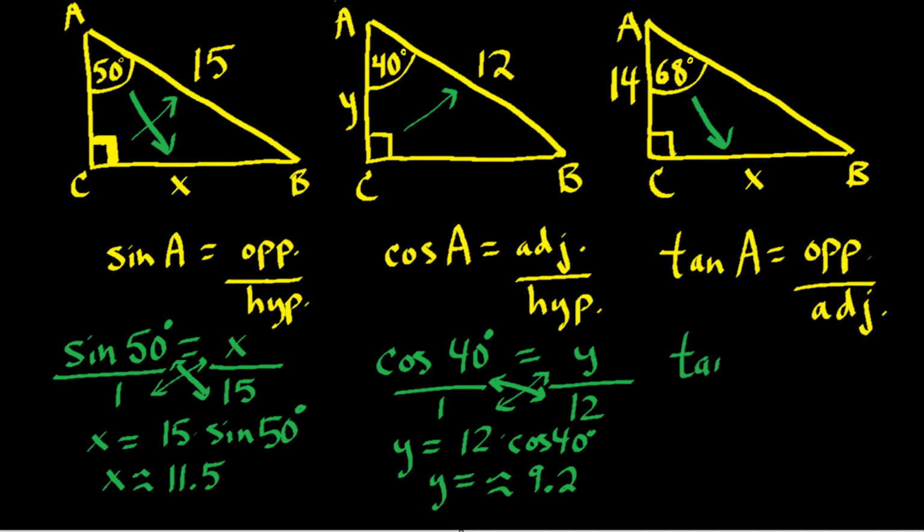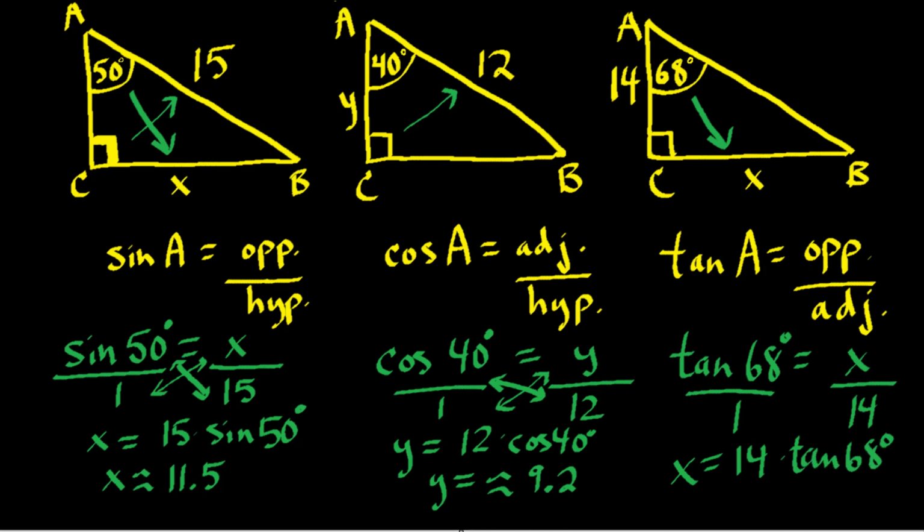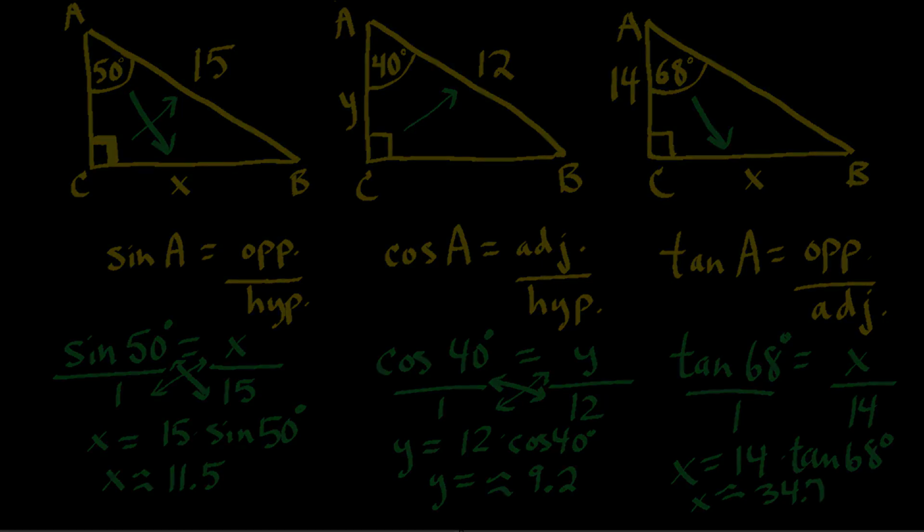So tangent of 68 degrees equals the opposite value of x divided by 14. Again, we can cross multiply. We get x equals 14 times tangent 68 degrees, which is approximately equal to 34.7 when we round to nearest tenths.